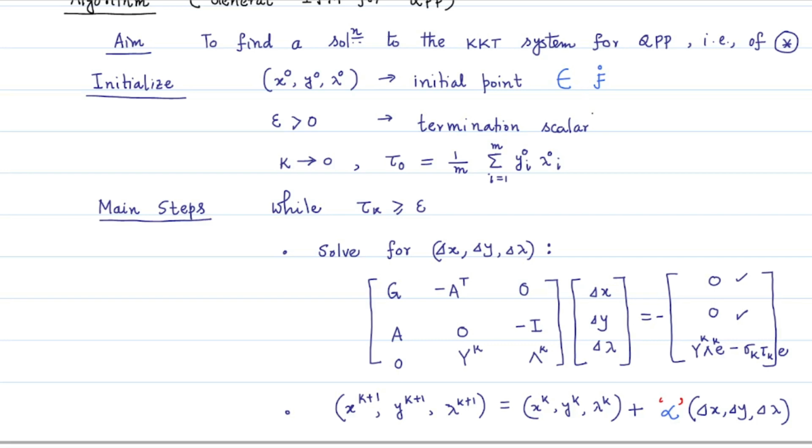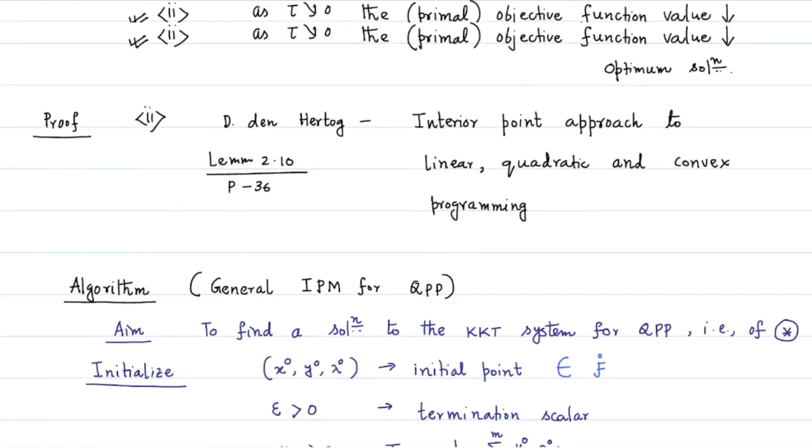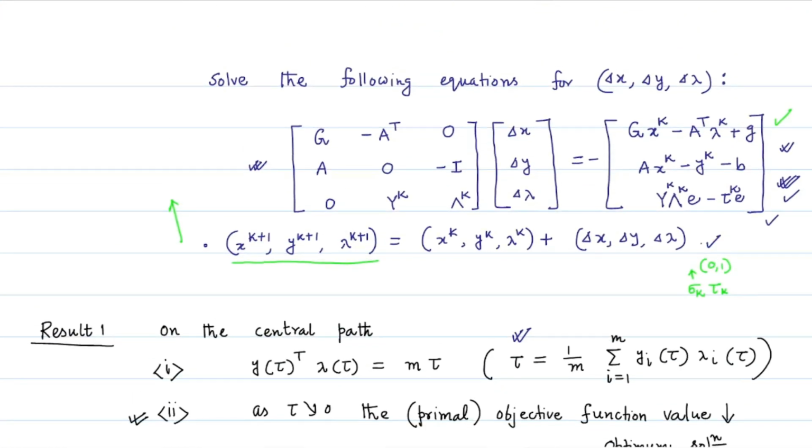And therefore, getting these values as zeros may not always be possible. We may have some residuals here for this part, that is, this term and this term.